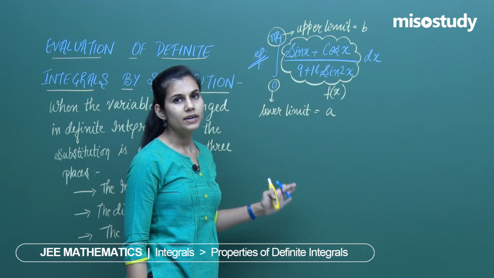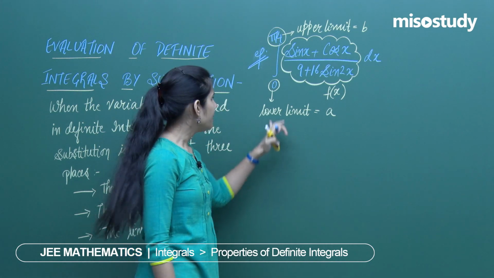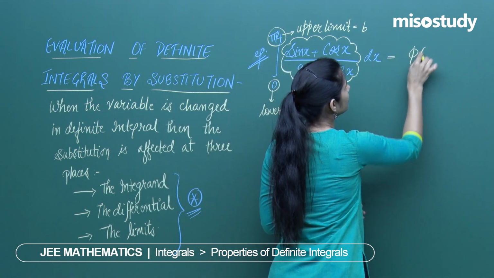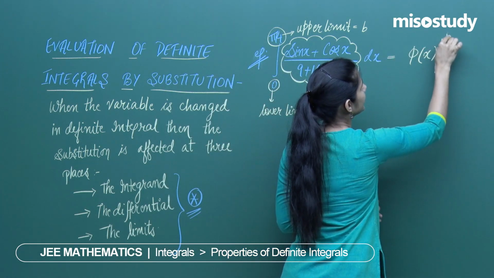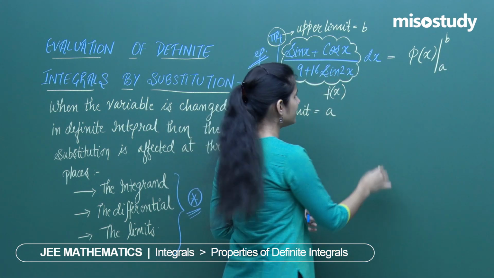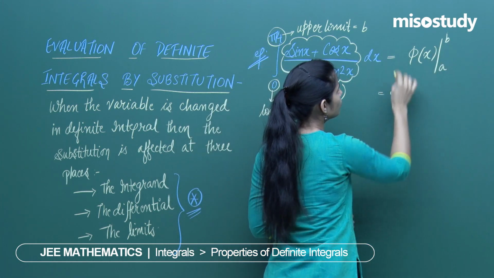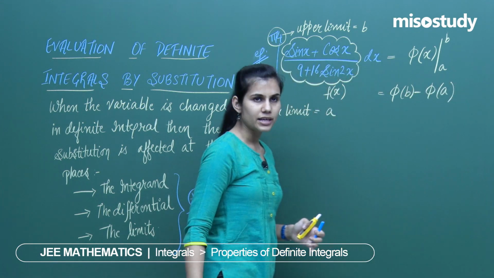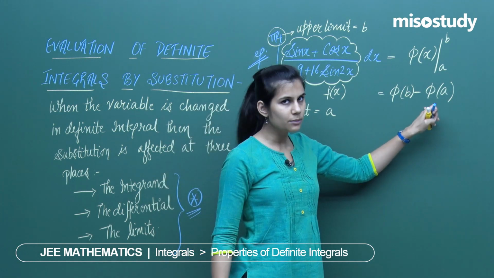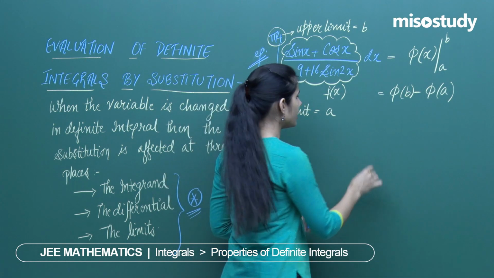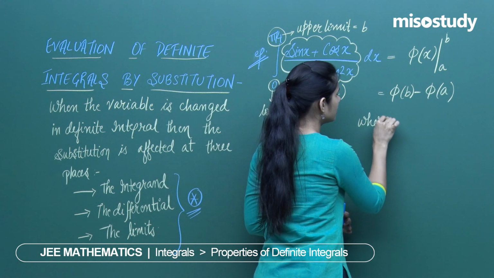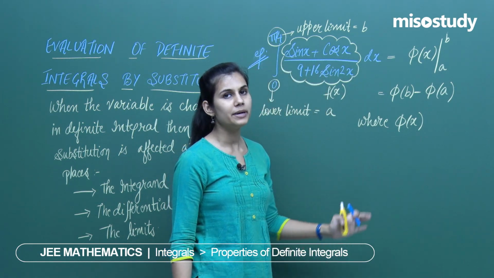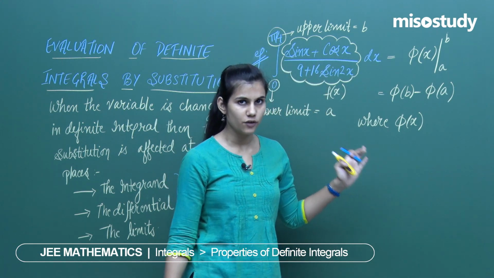By FTC, or the fundamental theorem of calculus, we know that the definite integral of f(x) from a to b is φ(x) from a to b. That is equal to, this is just a notation to write φ(b) minus φ(a), where φ(x) is one integral of f(x), one primitive of f(x), one antiderivative of f(x). Until you get φ(x), you cannot compute φ(b) and φ(a).